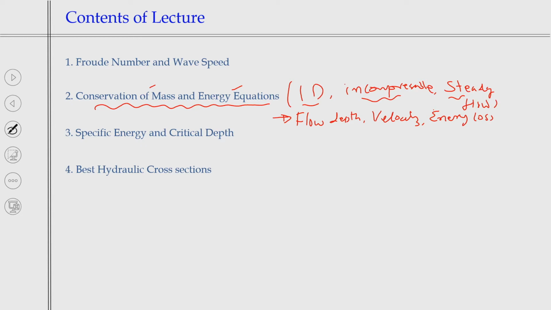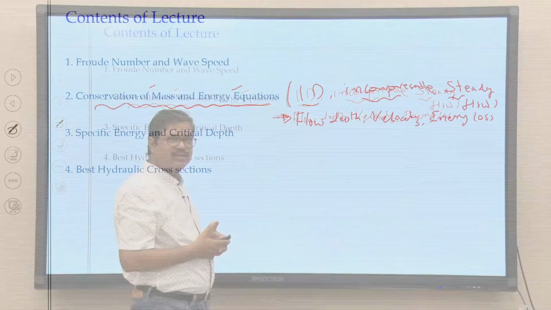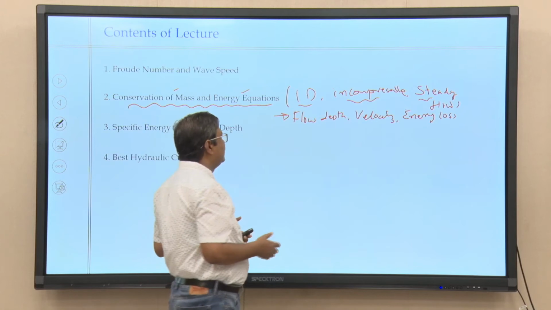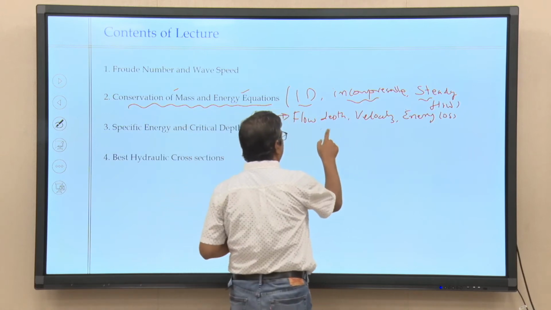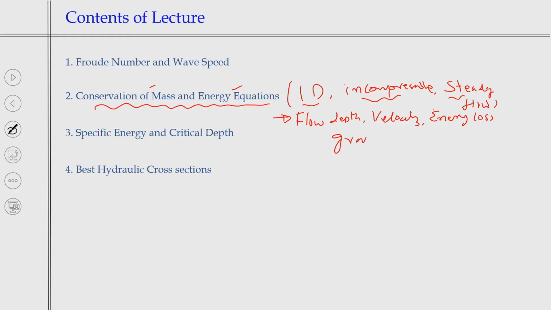Mostly it is governed by the gravity forces and the frictional forces, as I discussed earlier. So, we have just two force components, the gravity force and the frictional force component, when you talk about open channel flow.